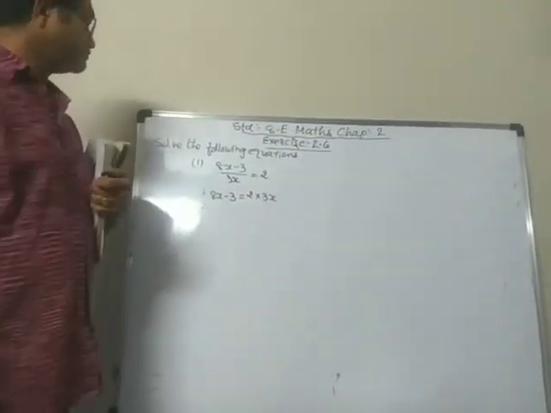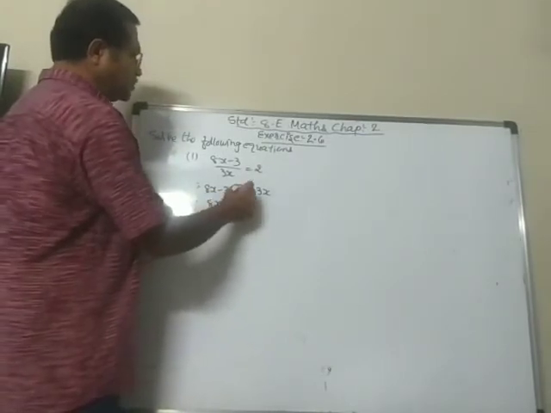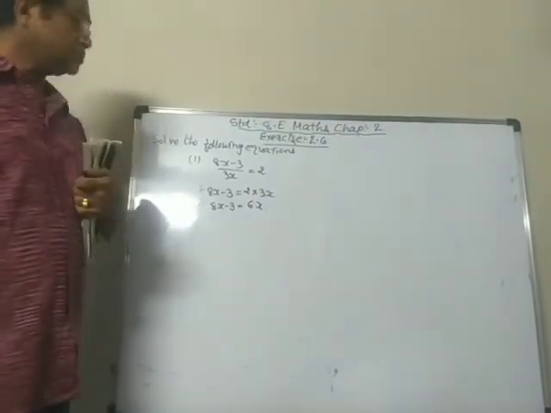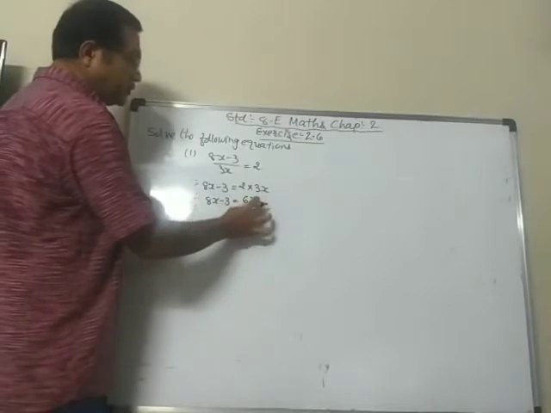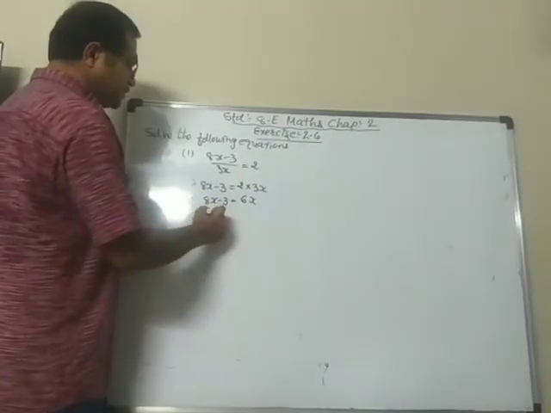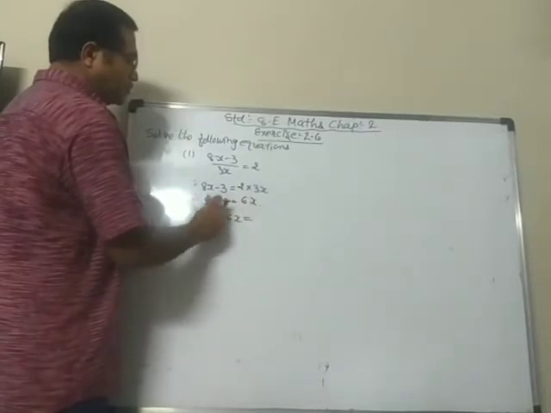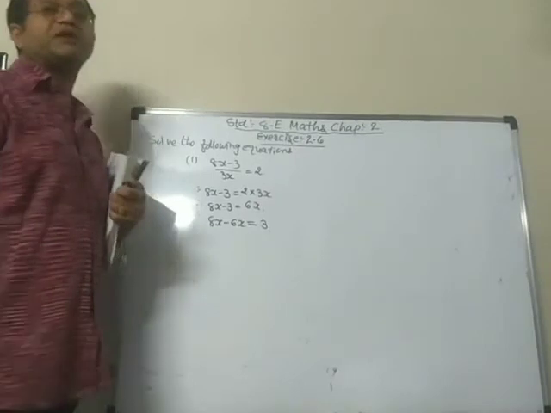And therefore, now we will see that 8x minus 3 is equal to 2 3s are 6x. Therefore, now if you bring the 6x this side, it will be minus 6x, and thus minus 3 going to the RHS becomes plus 3.